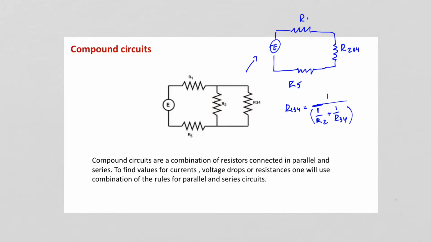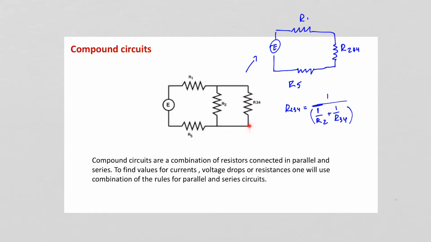The general method of dealing with those types of circuits is to replace the parallel branch with one resistor, which corresponds to the total resistance of the resistors in the branch, and then treat the entire circuit as a series circuit, from where you can find currents, voltage drops, or resistances if you need to. Then go back to the branch and use the previously found information to find currents in those resistors.